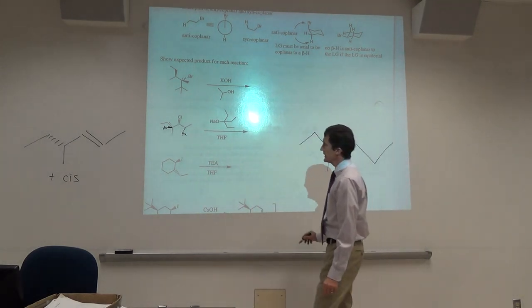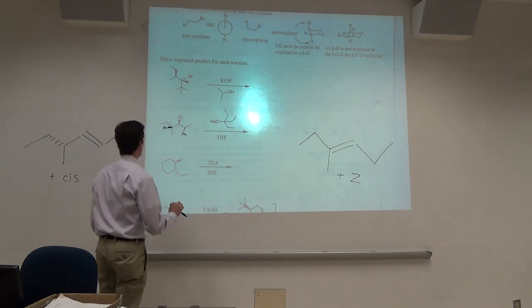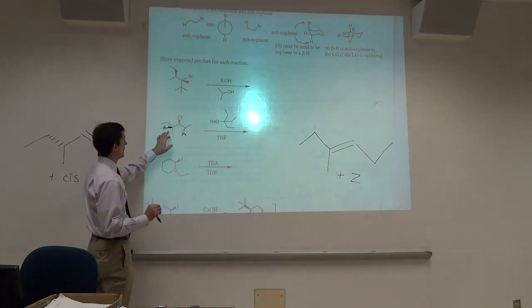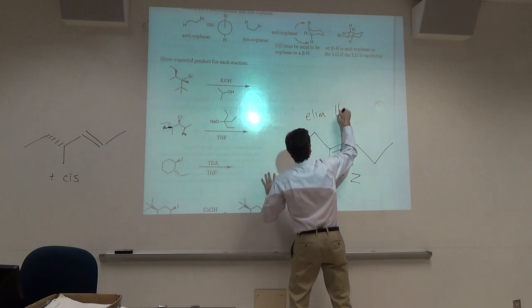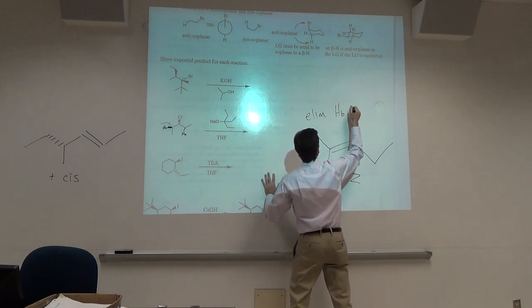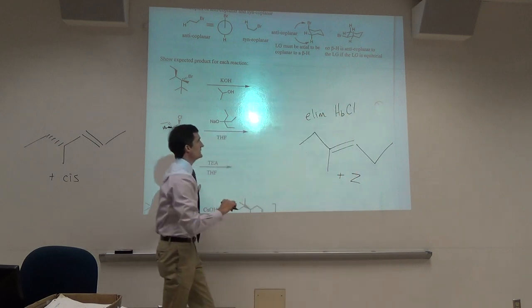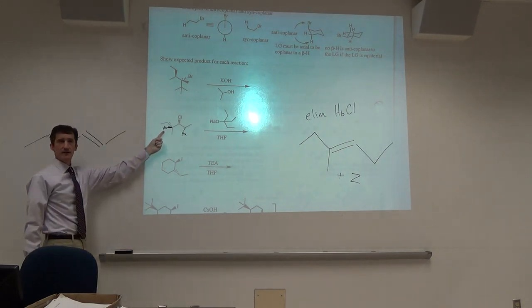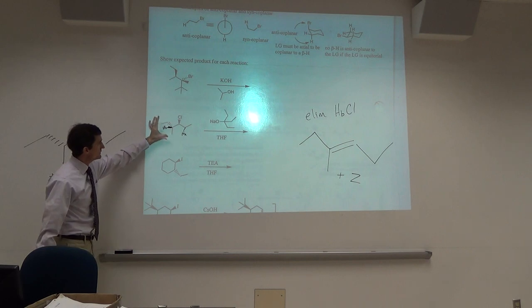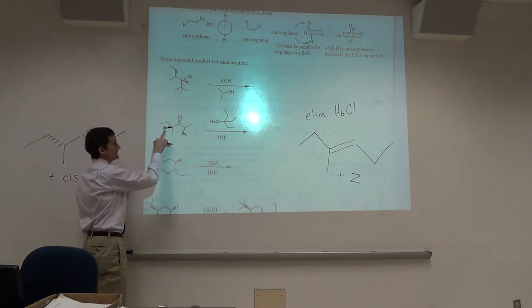Okay, but eliminating the more substituted means we eliminate HCl with HB. HB is a more sterically hindered H, right? It's buried in here. What type of H is this? Primary, secondary, tertiary, what? Tertiary.